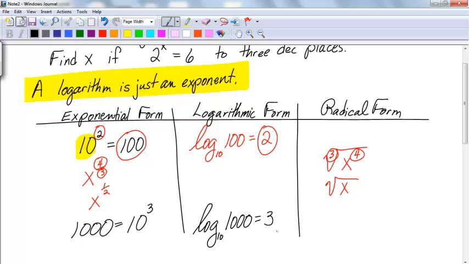Let's try the log of 100. Log of 100 we said was 2. Log of 1,000. So when you're finding that logarithm, what you've really found is 10 to what power equals 1,000. And it ends up to be 3.